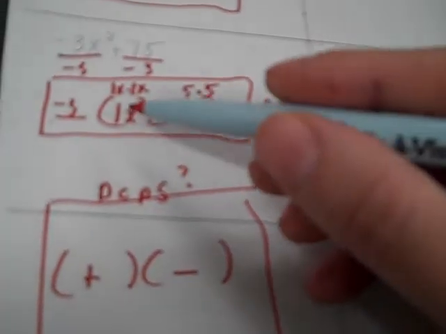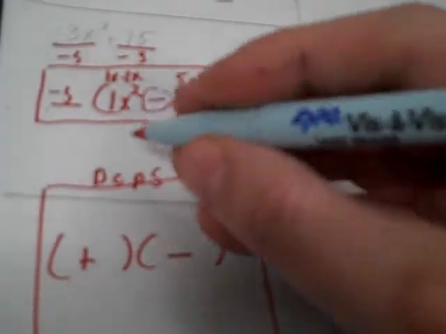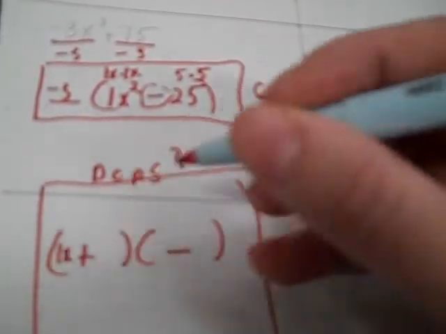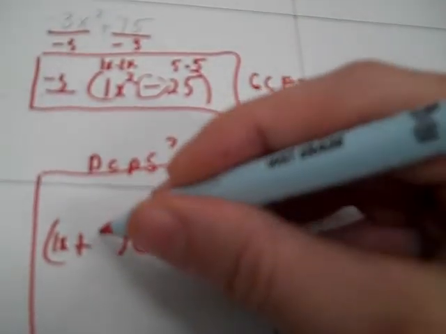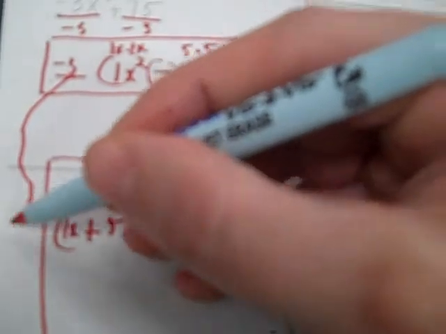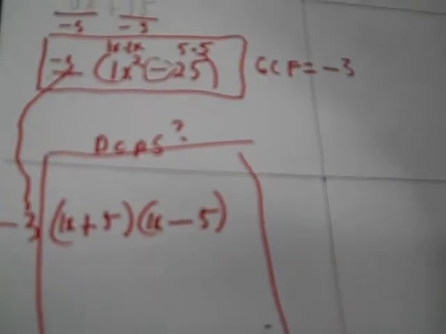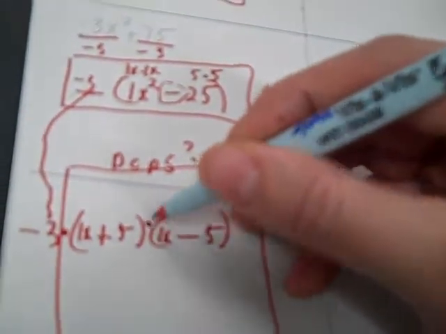So 1x, 1x, 5, 5. And then the negative 3 we just drag down there. So negative 3 times 1x plus 5 times 1x minus 5. Okay, and that is factored. Basically, what you're doing on this is going down as far as you can go.